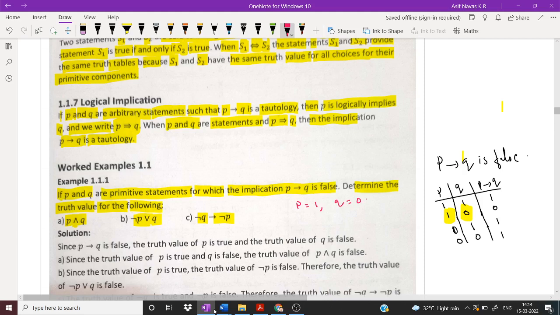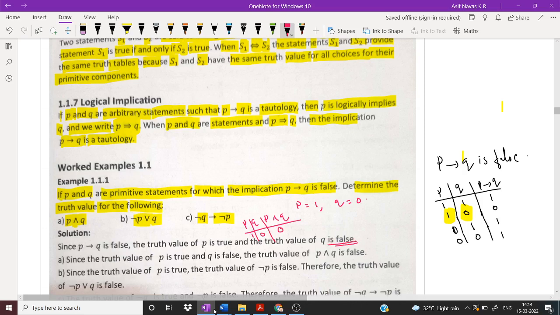So with P 1 and Q 0, P conjunction Q is 0 because it is false. So that value is false.